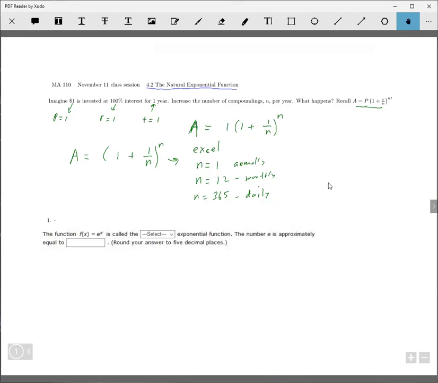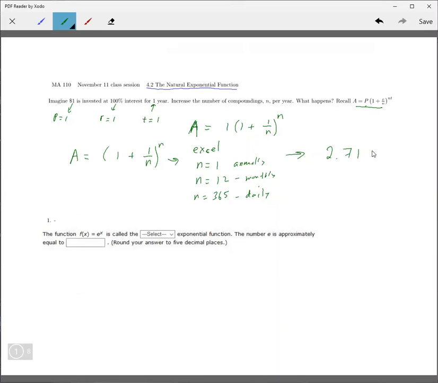Basically what happens is it goes to about 2.71828. This is the limiting value.